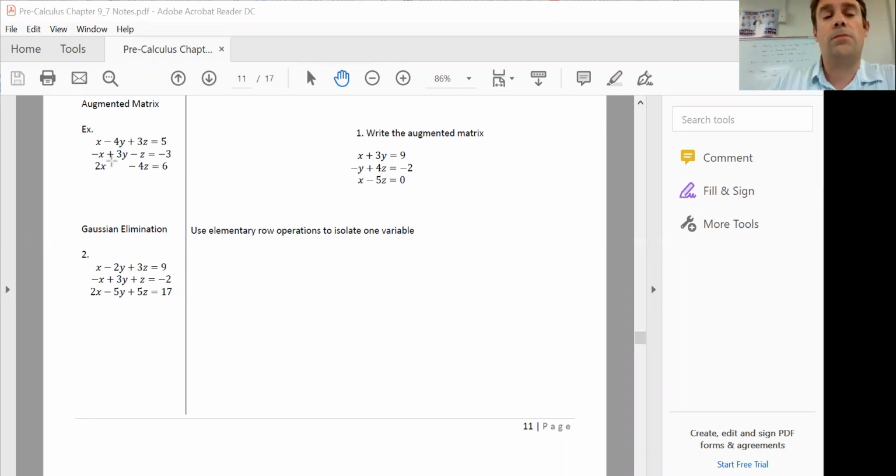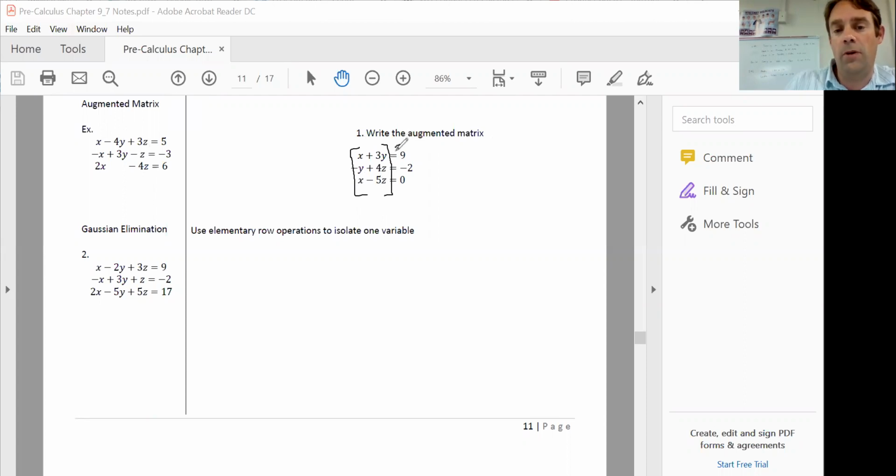An augmented matrix basically combines what we call our coefficient matrix with our solution matrix. The coefficient matrix is a matrix made up of the coefficients of the x, y, and z, or x and y, or w, x, y, z, depending on how many variables you have.